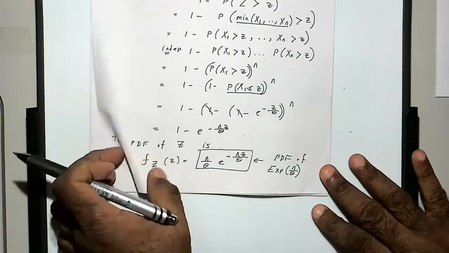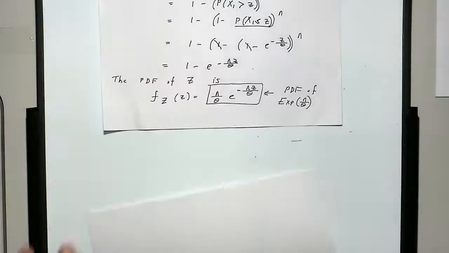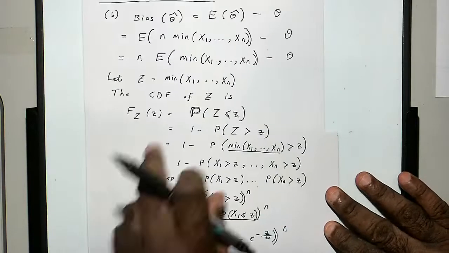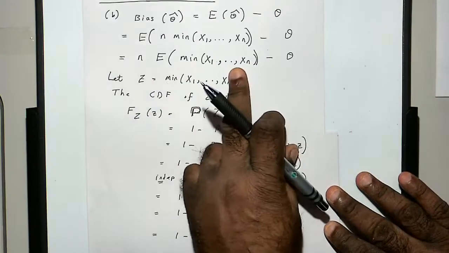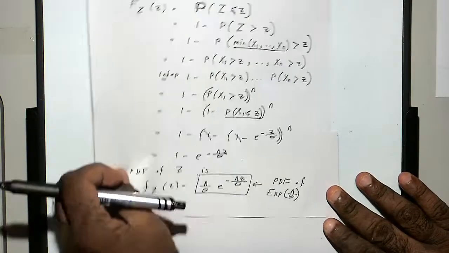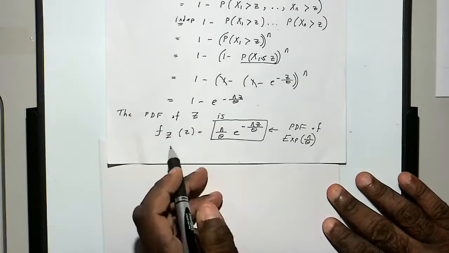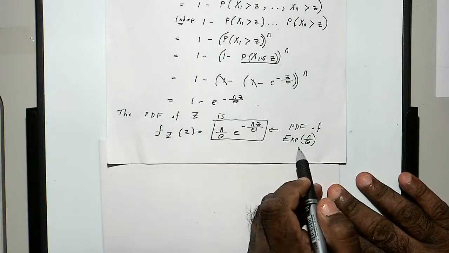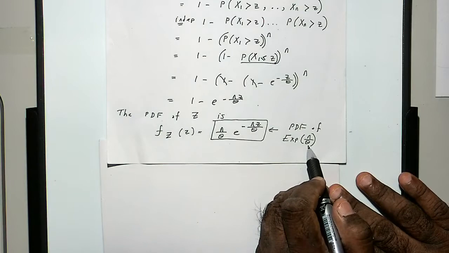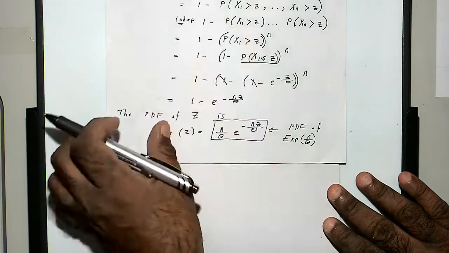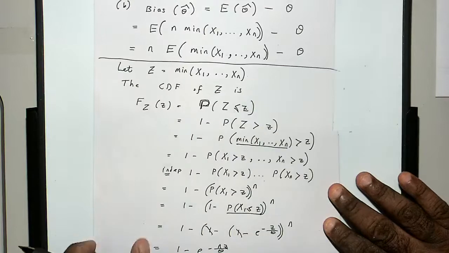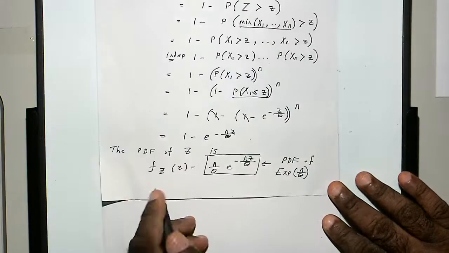Okay, now let's go back to the beginning where we were. We wanted to find the expectation of this, right? Now what we found out is that the minimum has a distribution that is exponential with parameter n by theta, right? So going back to this, let me put a box here.